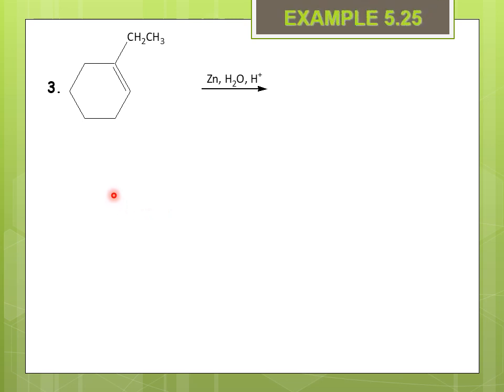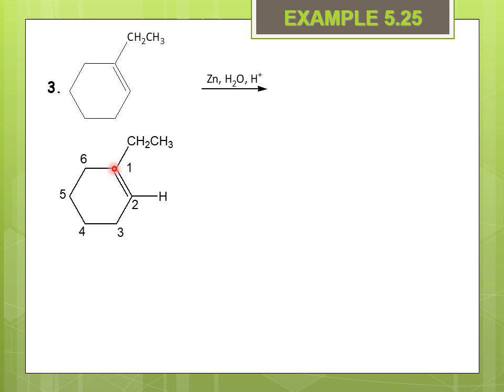For question number 3, this is a cyclic compound. We have 1R at the restricted carbon. The name of this compound is 1-ethylcyclohexene. So let's label the carbon. Which one is number 1? Here it is.